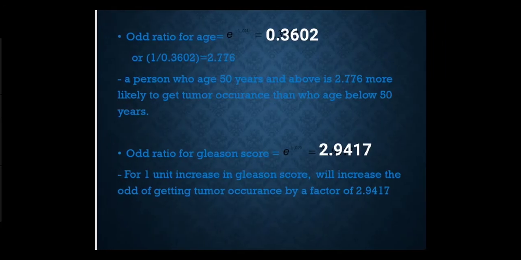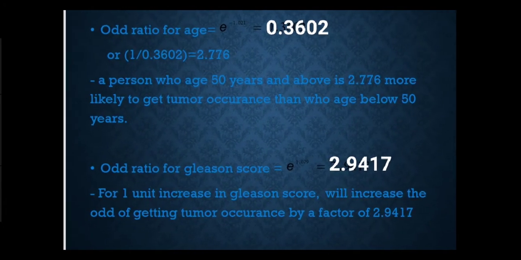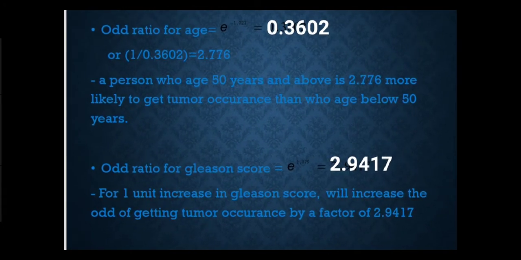Okay, next, let's say we want to interpret the odds ratio for age. Age earlier is age group, which is the qualitative variable.